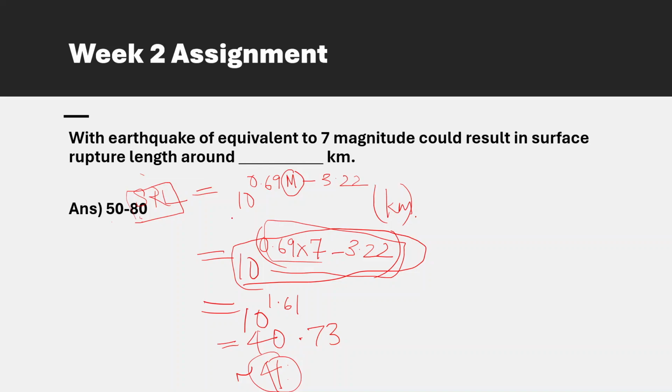And basically in such situations, what you can do is, if you are given a few options, you just eliminate the ones that are very much different from your answer. So this 50 to 80 is a bit closer to the answer that you're getting. Does anybody have any other way by which they have calculated this?